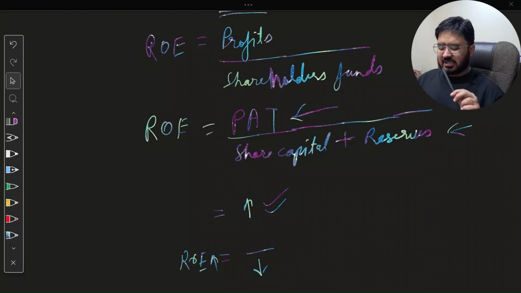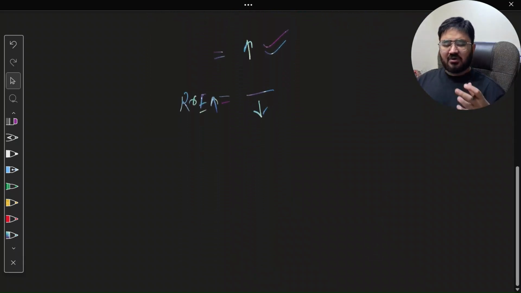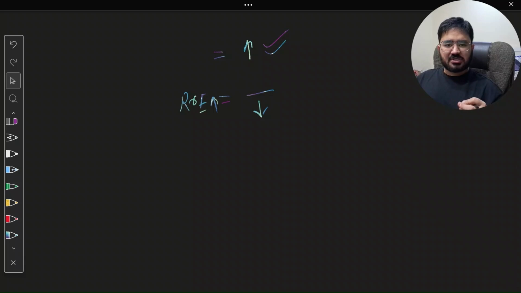And also, both apples could be different: one could be bigger and one could be smaller. So you need to keep that in mind. It generally states the profitability of a company. How effectively is the company utilizing the money that it gets from the shareholders to generate profits? That is what ROE tells you.